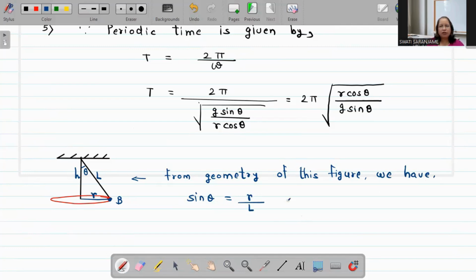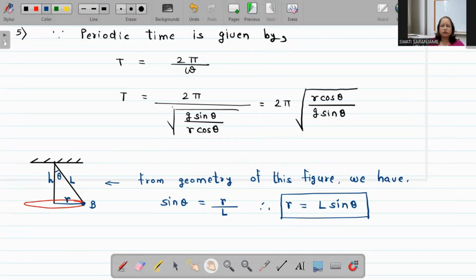From here, we get the expression for r as l sine theta. So let us box this expression also. Let me write neatly.